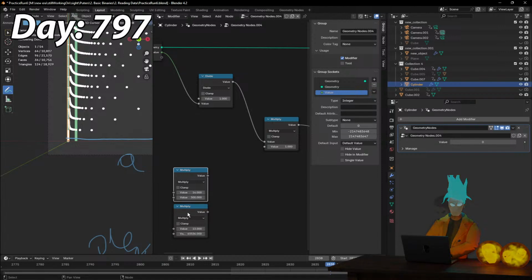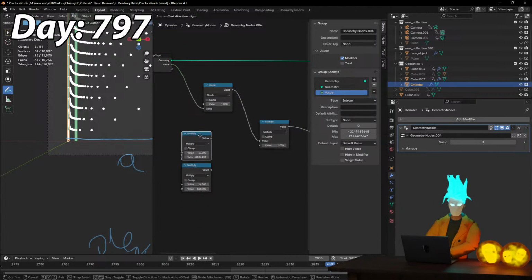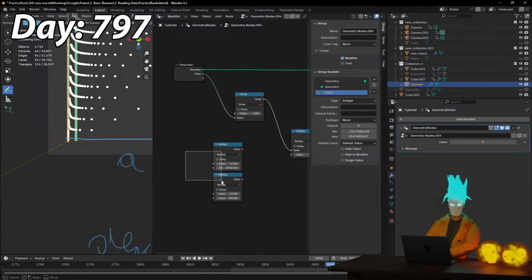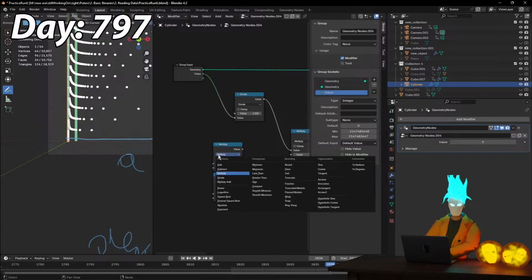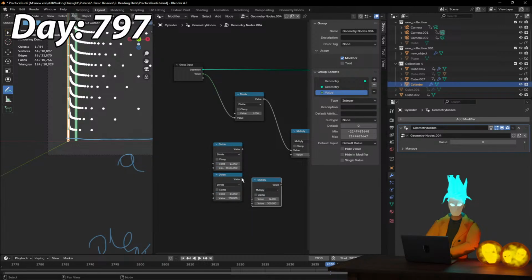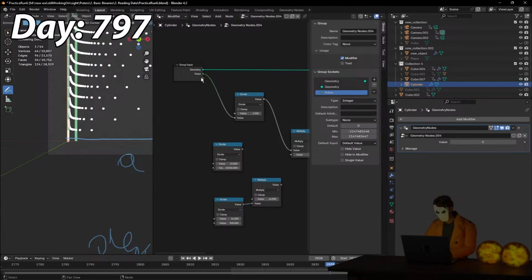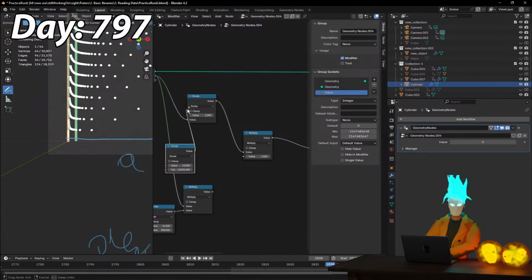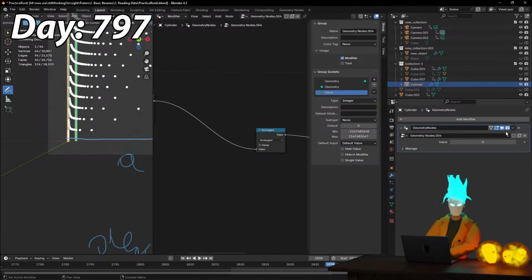That's the width. And so that's the height. The width will be this multiplied by our value. And then we divide the top one by the bottom one. Like so.